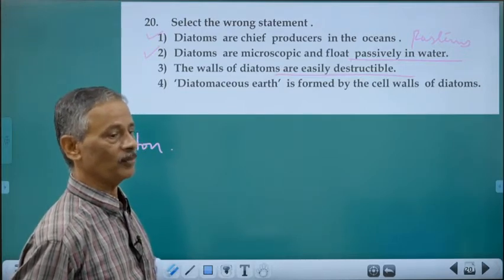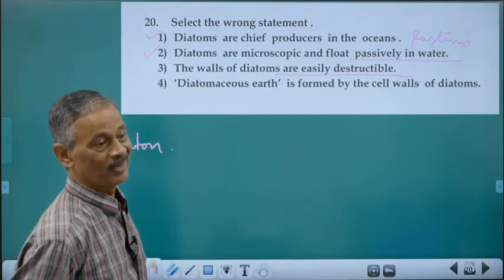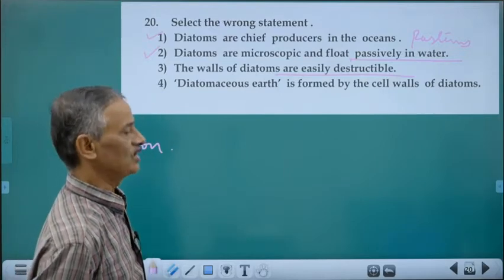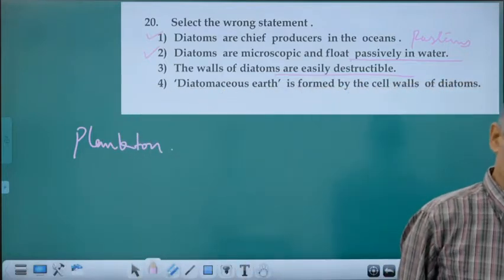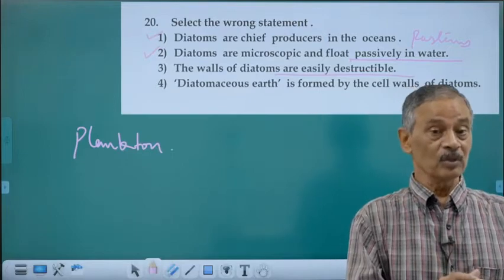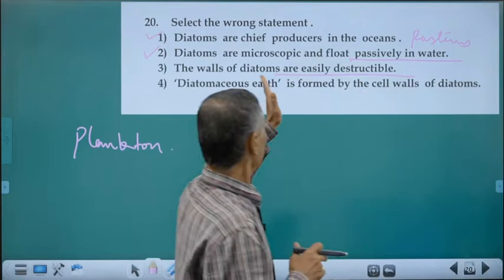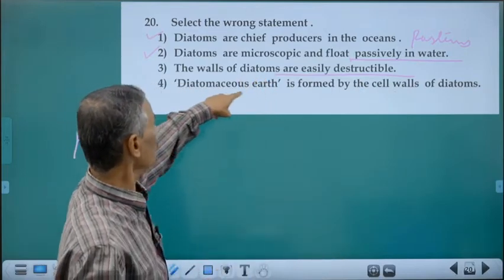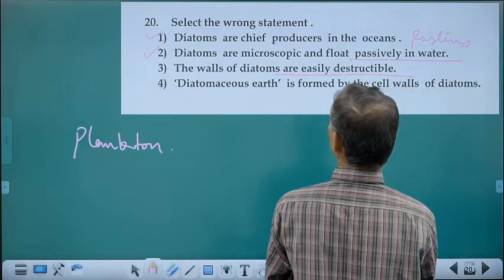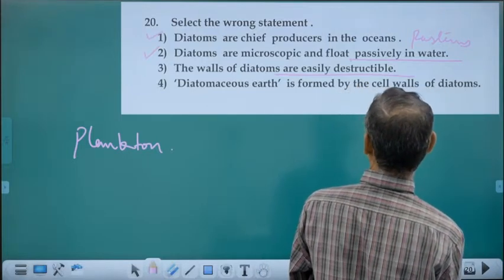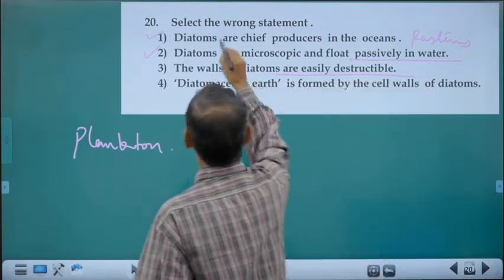They fall to the bottom and under high pressure, over thousands of years, form what is called diatomaceous earth, which is used for filtering very thick syrups, oil, etc. Diatomaceous earth is formed by the cell walls of diatoms. The statement that the cell wall of diatoms is easily destructible is the wrong one.